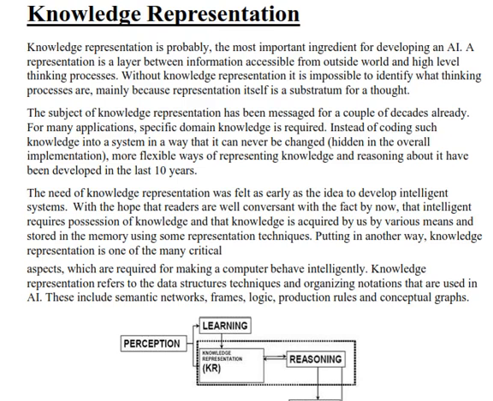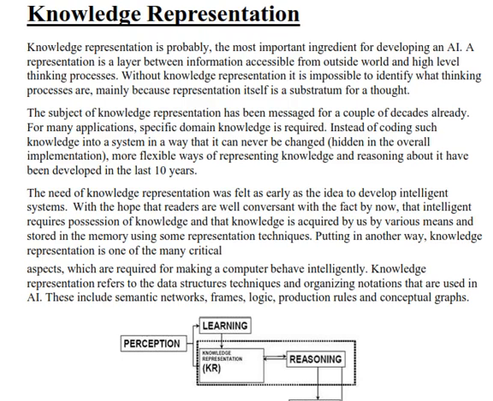Let's continue. The need for knowledge representation was felt as early as the idea to develop intelligent systems, with the hope that readers are by now conversant with the fact that intelligence requires possession of knowledge, and that knowledge is acquired by us by various means and stored in the memory using some representation techniques.